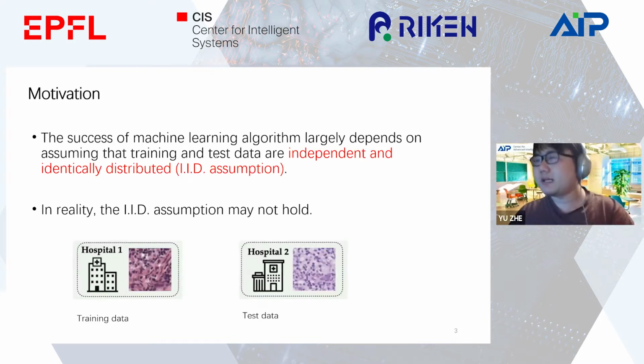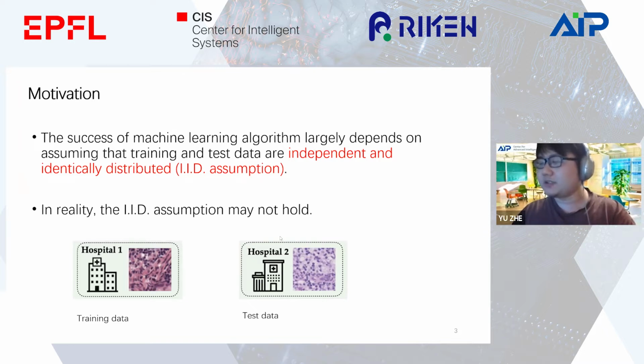As I said, we want to improve model performance when the IID assumption may not hold, and in reality this often happens. For example, we can collect data in hospital 1 and use this data to train a cancer detection model. We then want the model to be used in many hospitals, for example hospital 2.